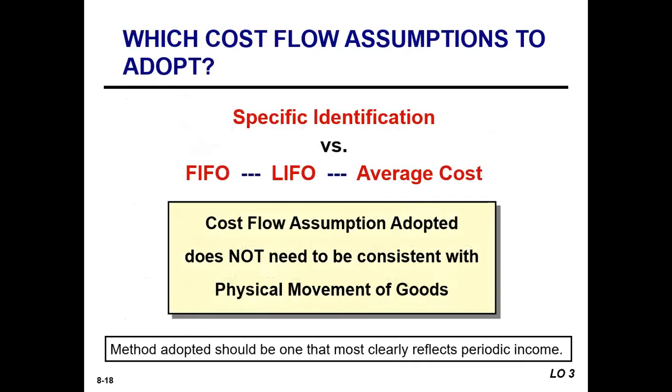All right, so then the cost flow assumptions, which cost flow assumption? So the cost flow assumptions are the FIFO, the LIFO, the average cost method. Specific identification is where when we sell goods or products, they can be specifically identified with a single unit.